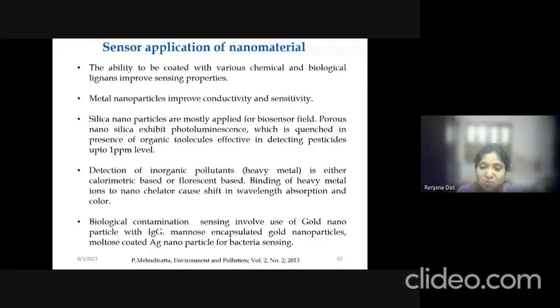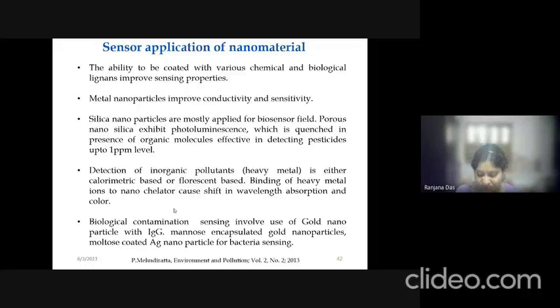So using these types of properties, we can use these nanomaterials for sensor applications. Also, a very important example is the gold nanoparticle with IgG, that is immunoglobulin. It can be used as a sensing material, basically for bacterial sensing.